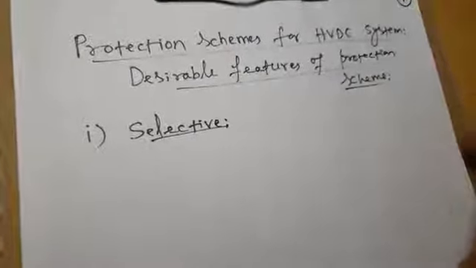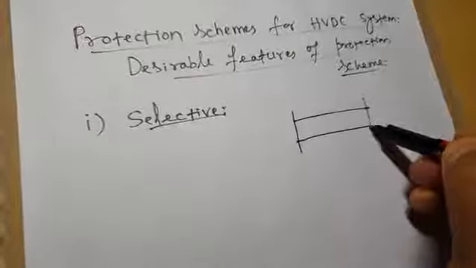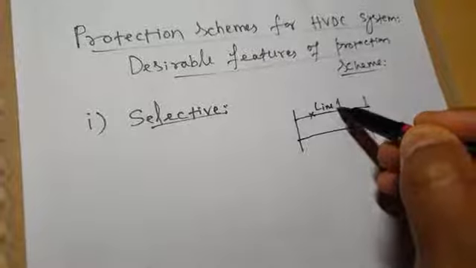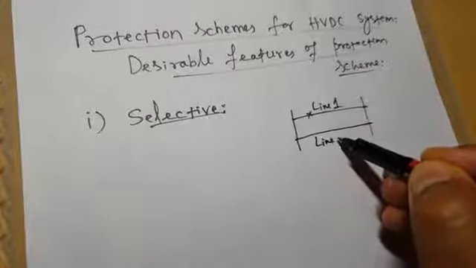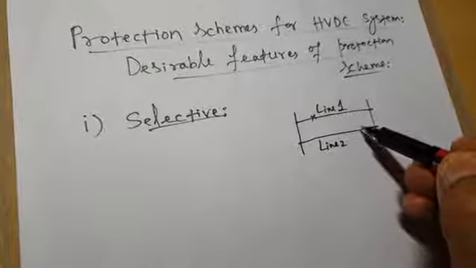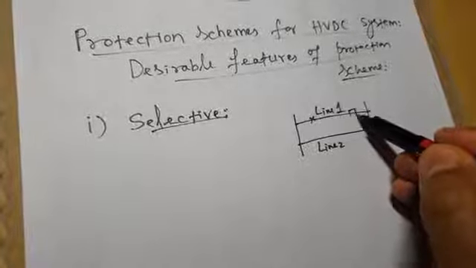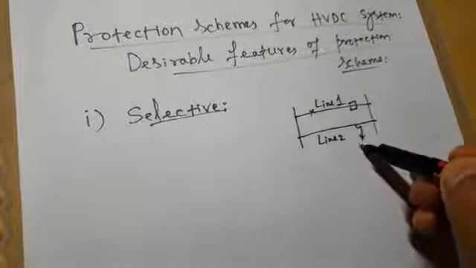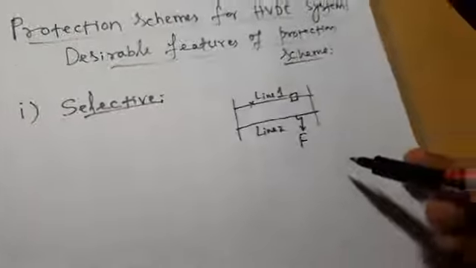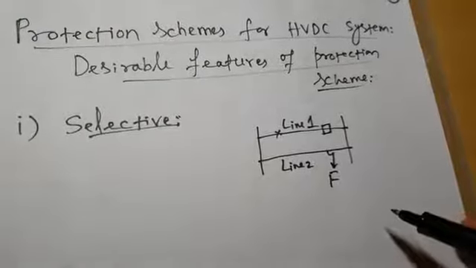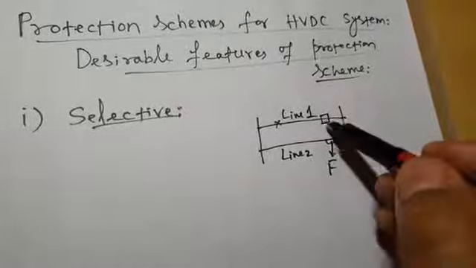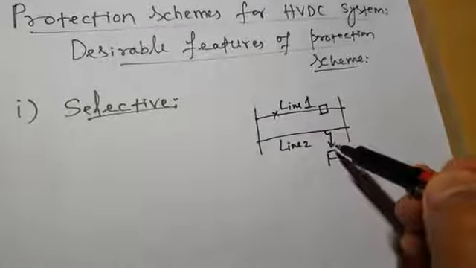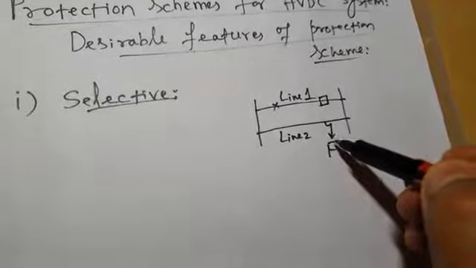This can be explained with the help of this simplified diagram. Let us suppose this is line 1 and this is line 2. I am showing a parallel feeder system. And let us suppose we have a protective system here, and a fault occurs in line number 2. The protective scheme should be selective, meaning the protection installed in line number 1 should not operate for any fault in line number 2.